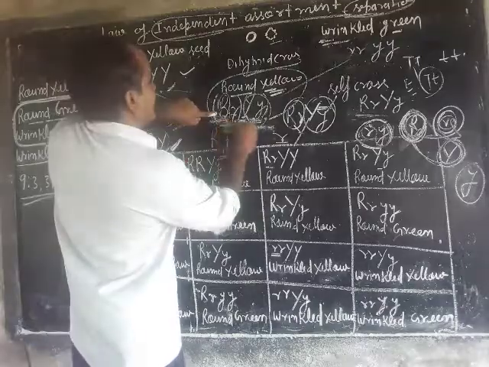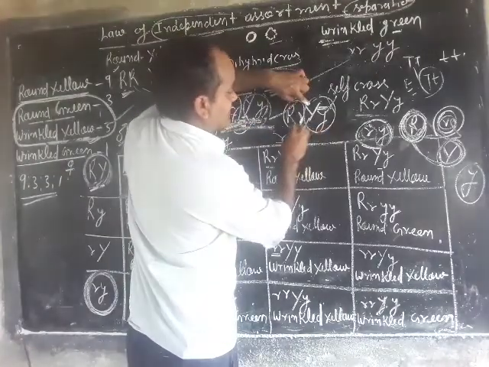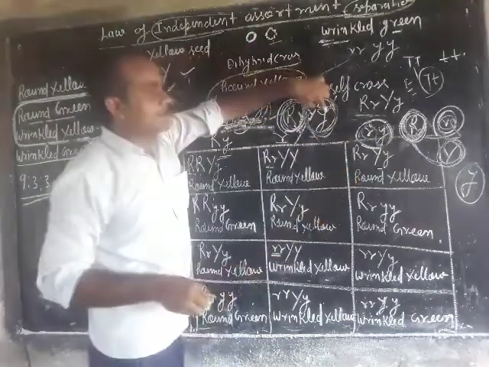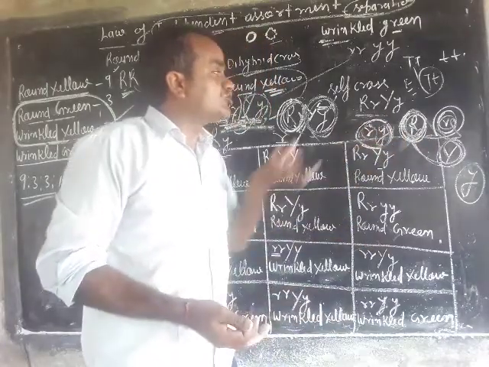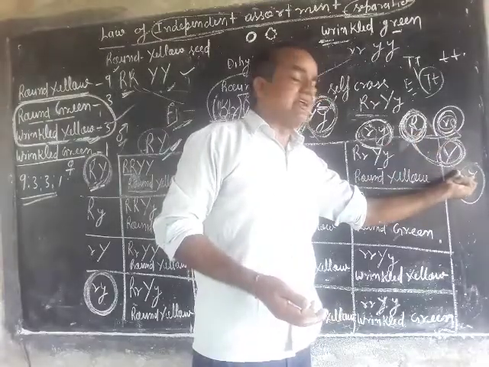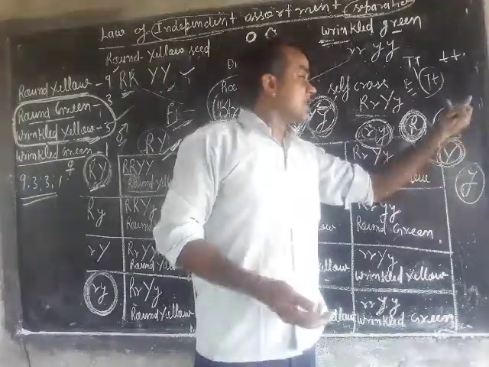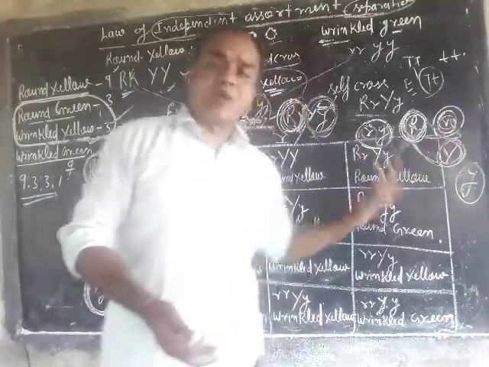Means one pair of gametes, capital R, small r, and another pair, capital Y, small y, separate independently. They have the ability to join a dominant gamete with another dominant gamete, with a recessive gamete, or a recessive gamete with a recessive gamete, and a recessive gamete with a dominant gamete.